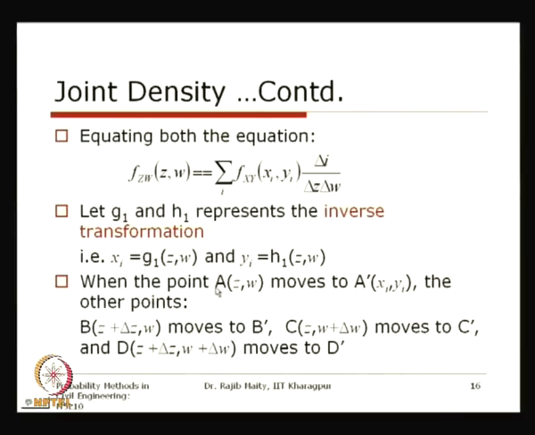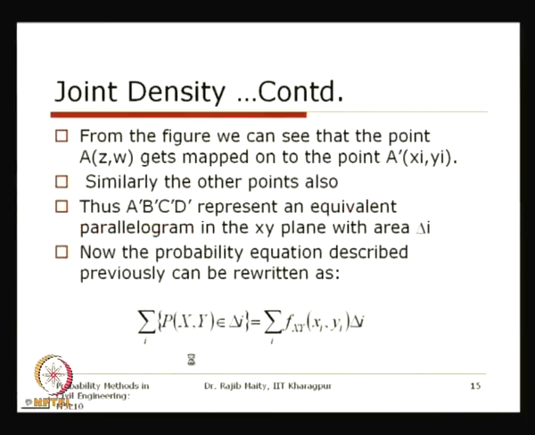When the point A (z, w) moves to A prime (xi, yi), the other points also move: B (z plus delta z, w) moves to B prime, C (z, w plus delta w) moves to C prime, and D moves similarly. I think it will be better explained from this figure directly.